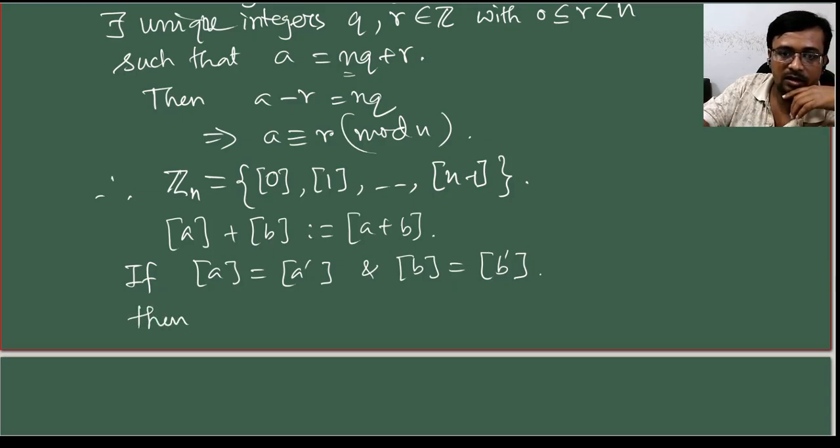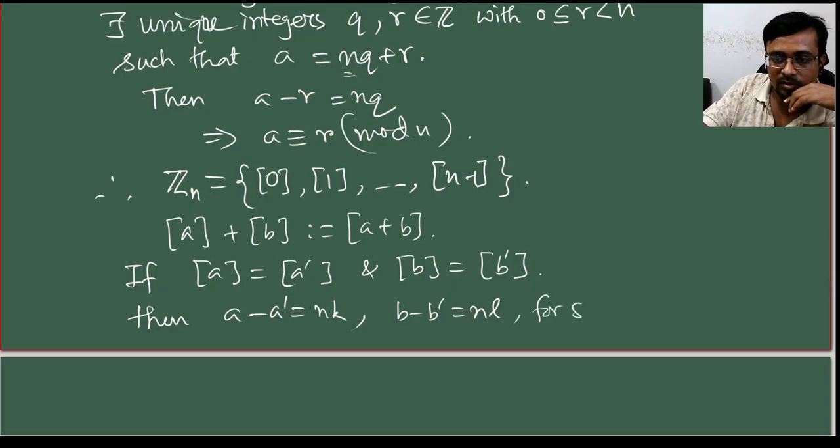Now from this we get that a minus a prime equals nk, and b minus b prime equals nl for k, l in Z, right?